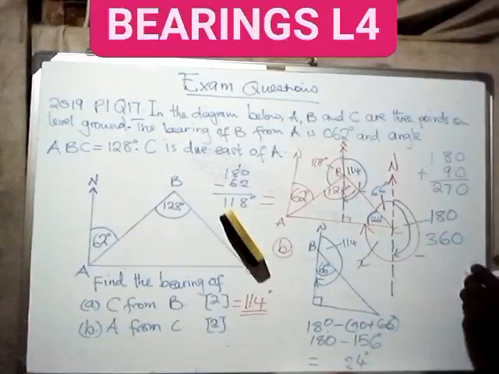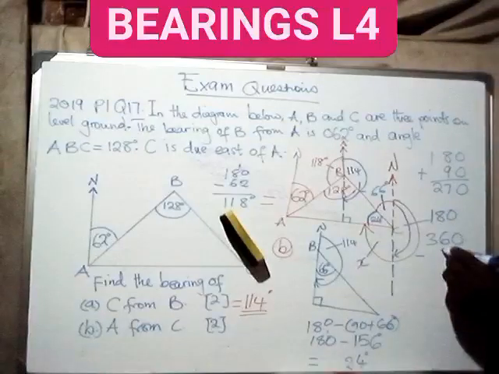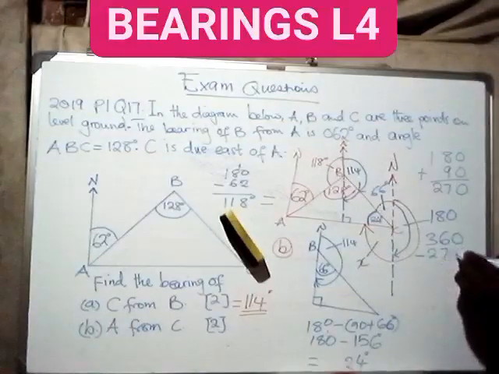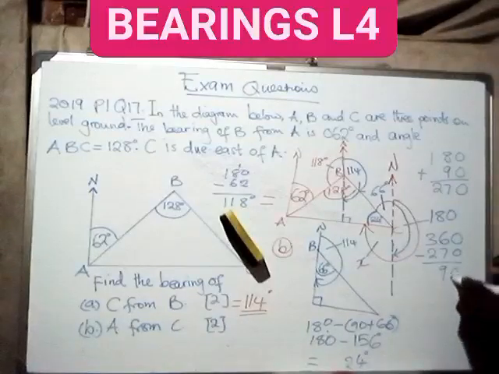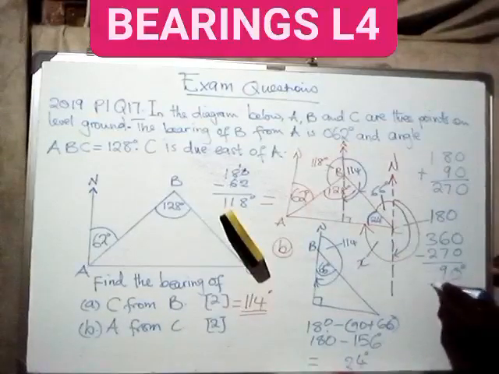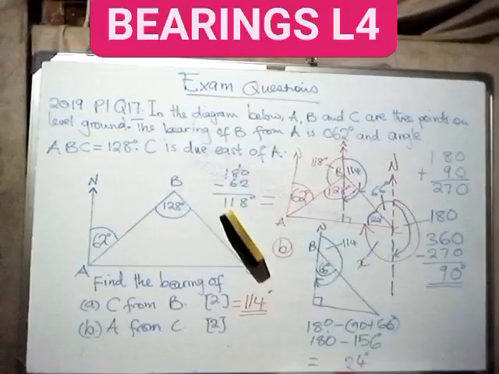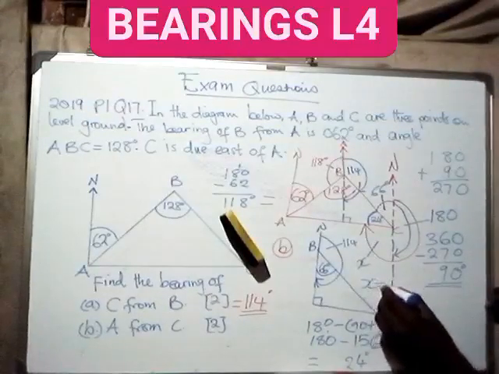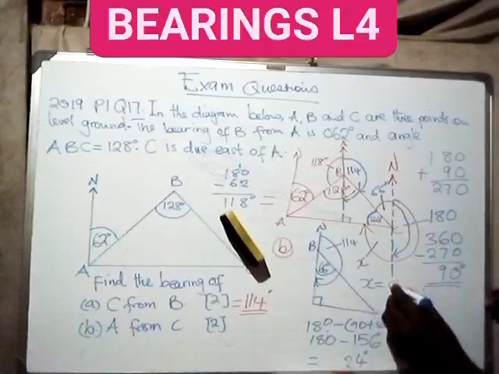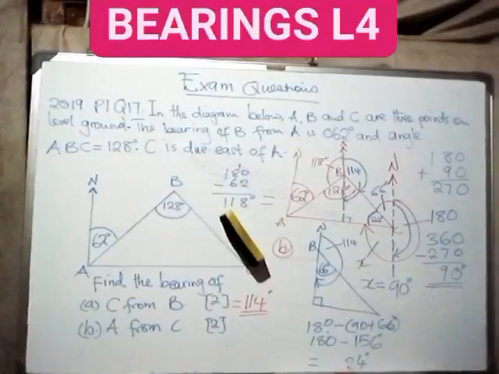So 360 minus 270, our answer will be 90. This means the angle there, which we have named X, is 90 degrees.